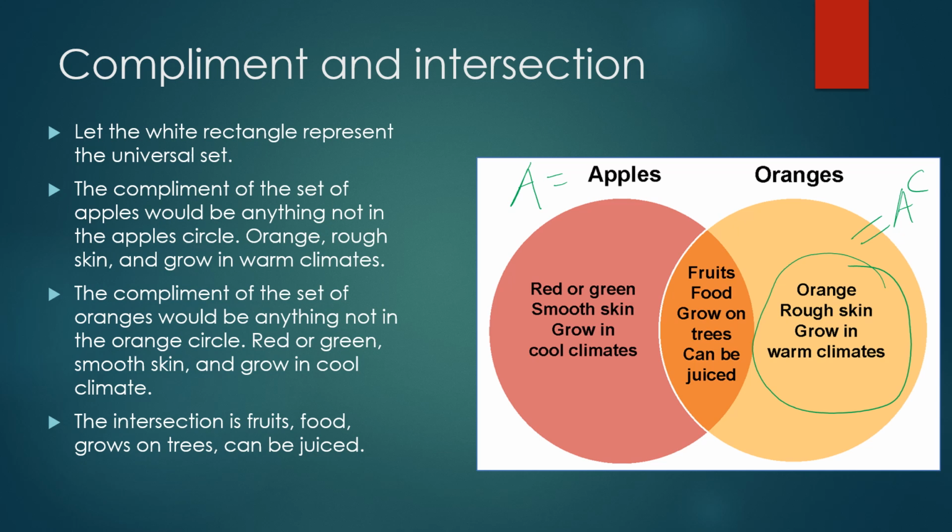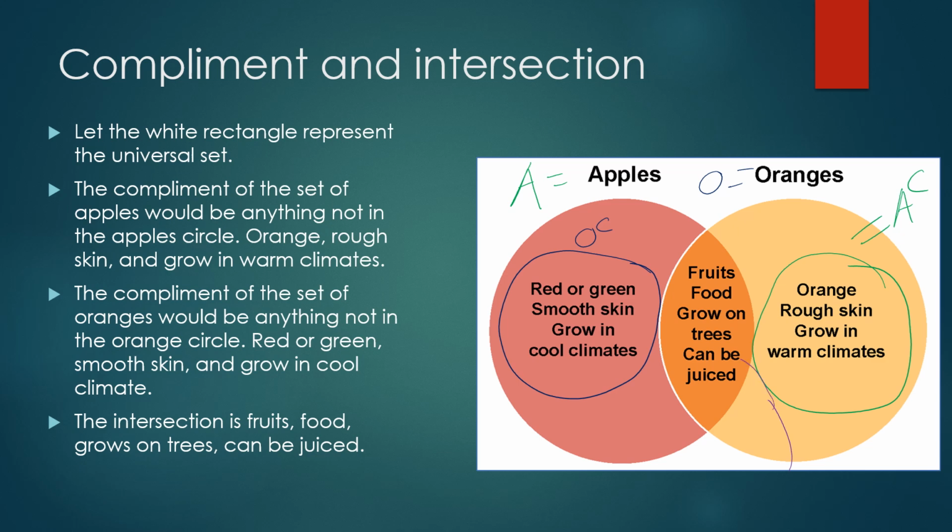Coincidentally as well, everything that is apples that is not oranges, let's say oranges is O, this would be O complement. If there was fruit out here, then this is also part of the complement sets because it's not part of apples or oranges. So let's suppose we have limes. Limes can also be juice, they're fruits, and they grow on trees.